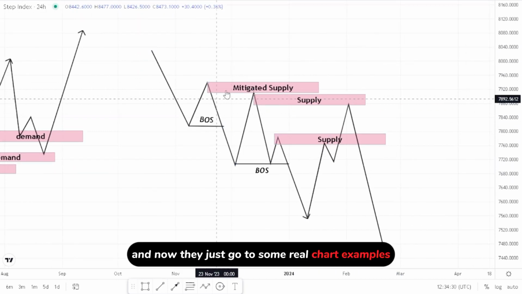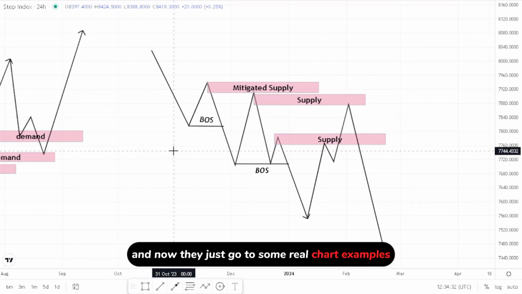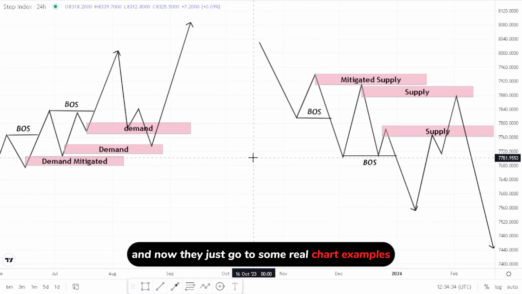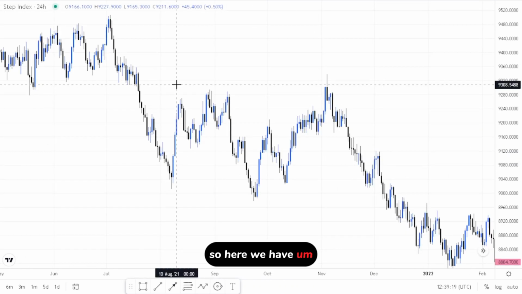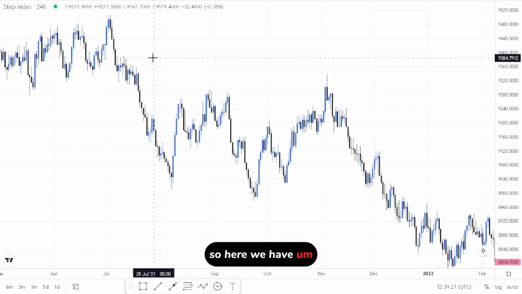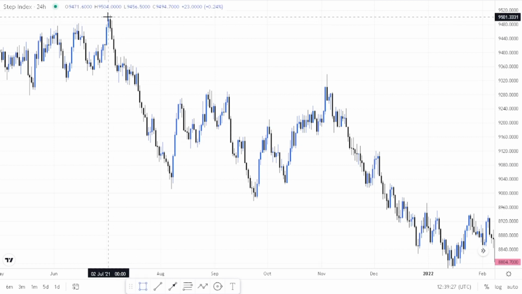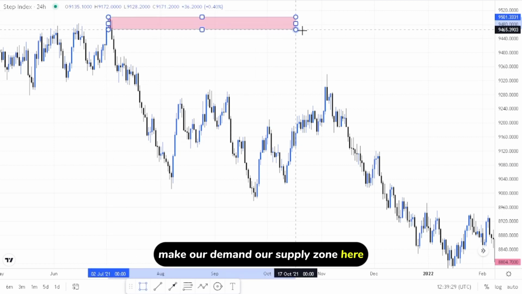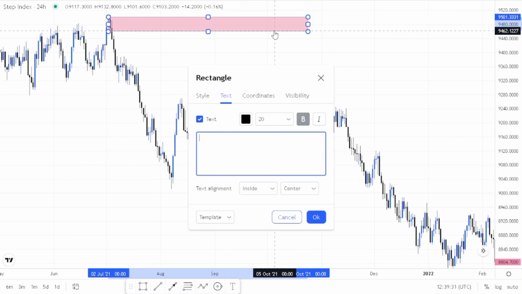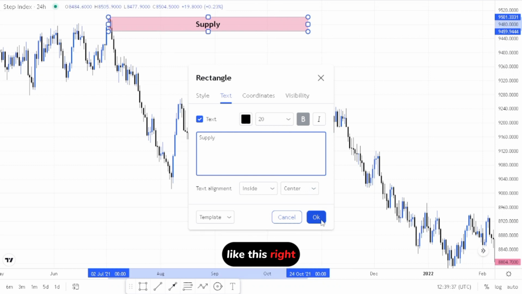And now let us go to some real chart examples. So here we have step index in the 24-hour time frame, right? Mark our demand, our supply right here, like this, right?